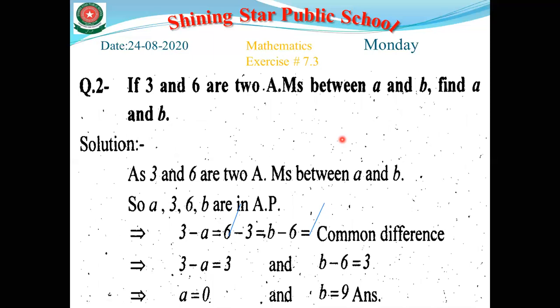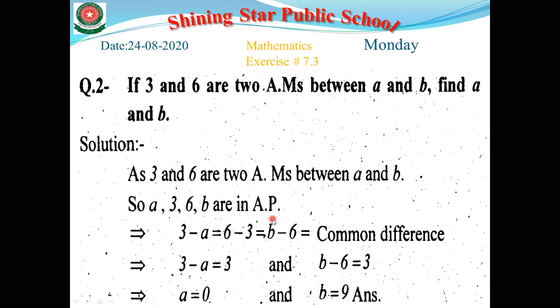For question number 2, if 3 and 6 are two AMs between a and b, find a and b. So 3 and 6 are two arithmetic means between a and b. Find a and b. As we know that 3 and 6 are two AMs between a and b, so a, 3, 6, b are in AP.